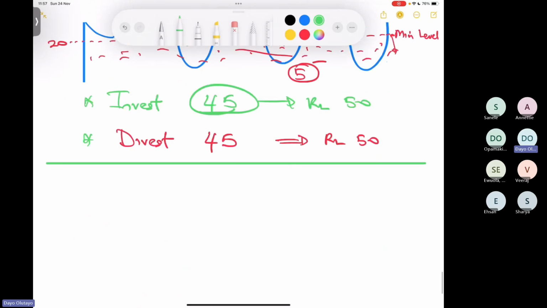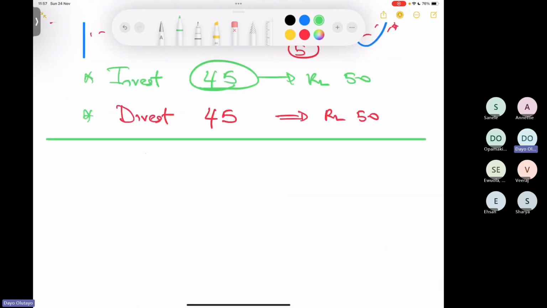The other part that I'm going to touch on is factors that determine the working capital level. Those factors are very important. Your risk appetite is very important, because if you are a management that has high risk appetite, which means you are risk loving, it means you're going to be chasing profit.